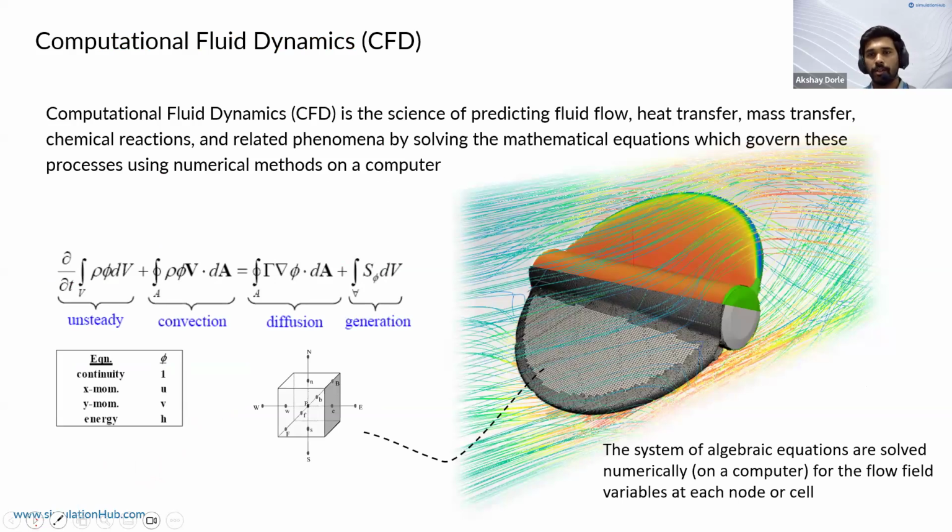CFD is the science of predicting flow, and how this is done is we solve a governing equation and apply boundary conditions, and the solver solves algebraic equations on small discretized domains, which we refer to as fluid volumes, and then it integrates the entire solution over millions of such discretized volumes, and we get to visualize the flow, heat transfer, or any phenomenon related to transport.